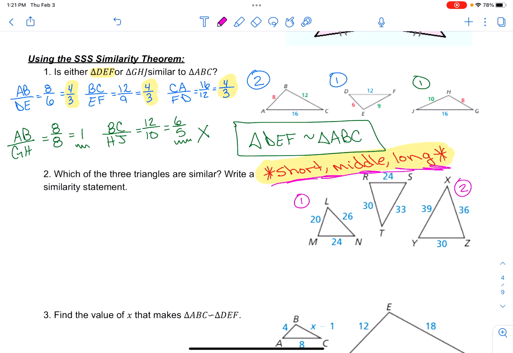So looking at our second triangle, so that XYZ, our shortest side is 30. So YZ is our shortest side. On LMN, our shortest side is 20. So those are the 2 sides that we have to compare first, 30 and 20.